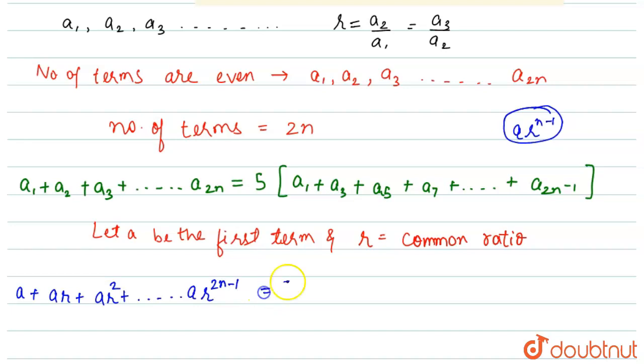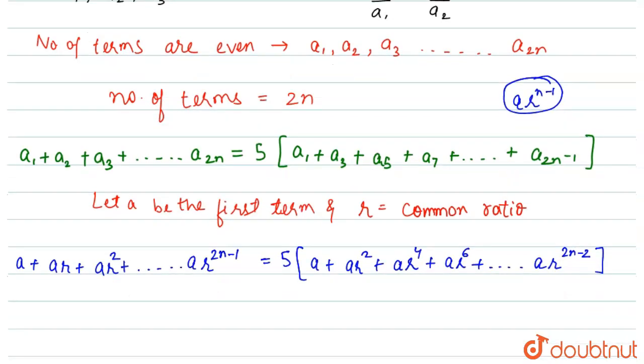Now, this sum is equal to 5 times A1 plus A3 plus A5 plus A7 and so on. A1 is A. A3 is AR square, A5 is AR to the power 4, A7 is AR to the power 6, and the term A2n minus 1 will be AR to the power 2n minus 2.